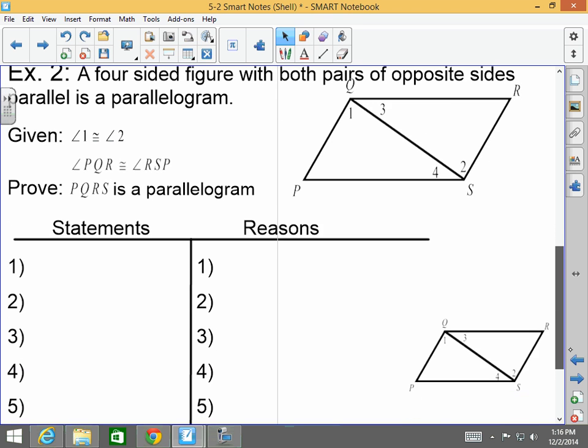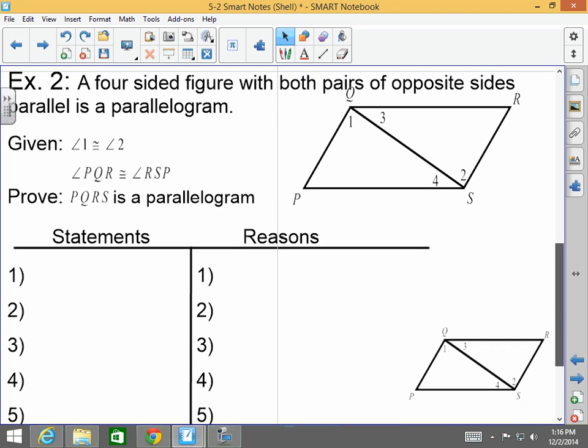First off, because this chapter is all about polygons, I'm going to have to give you some information before we can prove things. And I want you to realize that for example 2, I'm giving you a definition here of a parallelogram. A parallelogram is a 4-sided figure with both pairs of opposite sides parallel.